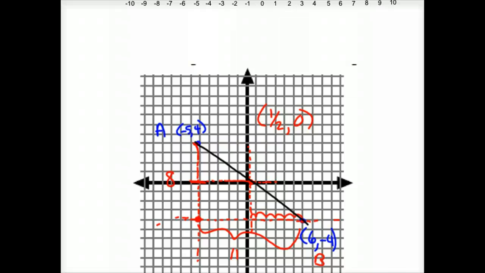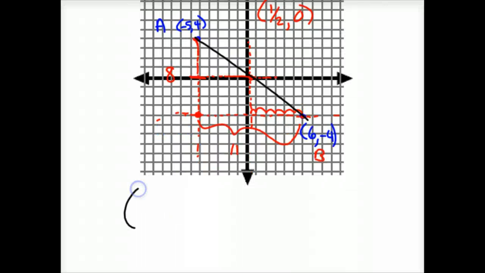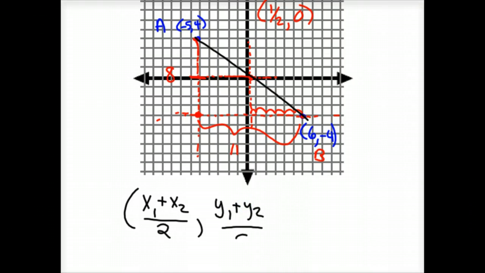Now, the formula for that is, let me write it up. I took x1 plus x2 and divided by 2, and I took y1 plus y2 and divided by 2. So it's kind of the averages of your x's and the averages of your y's.